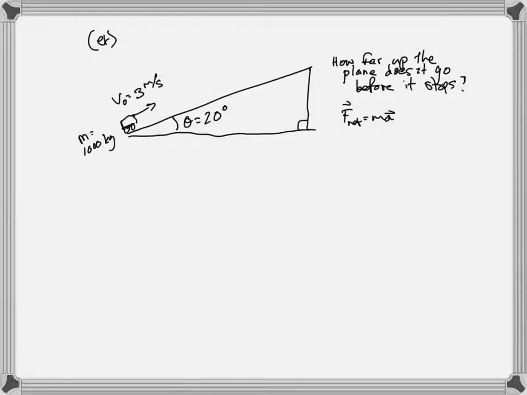So if we want to know how far it goes, we want to know the relationship between initial velocity and distance. That's kinematics. We're going to need to know acceleration, and so we need Newton's second law. We can apply Newton's second law, and at any point along the plane, it's got a normal force, Fn, and a gravitational force, Fg, and you will find it exactly identical to the last inclined plane problem we did.